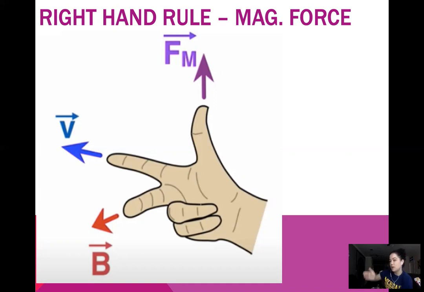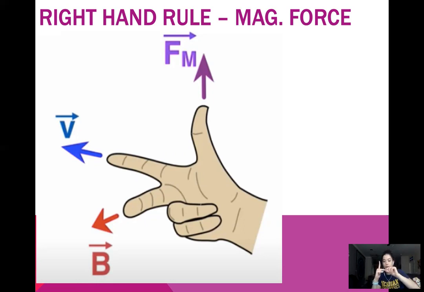So using our right hand, you can use your fingers to say, here's the current, here's the velocity. If you look at this picture, the deal is all of your fingers need to be at right angles. So you've got your pointer finger out, and this one will represent the velocity or the current that a charge is in.